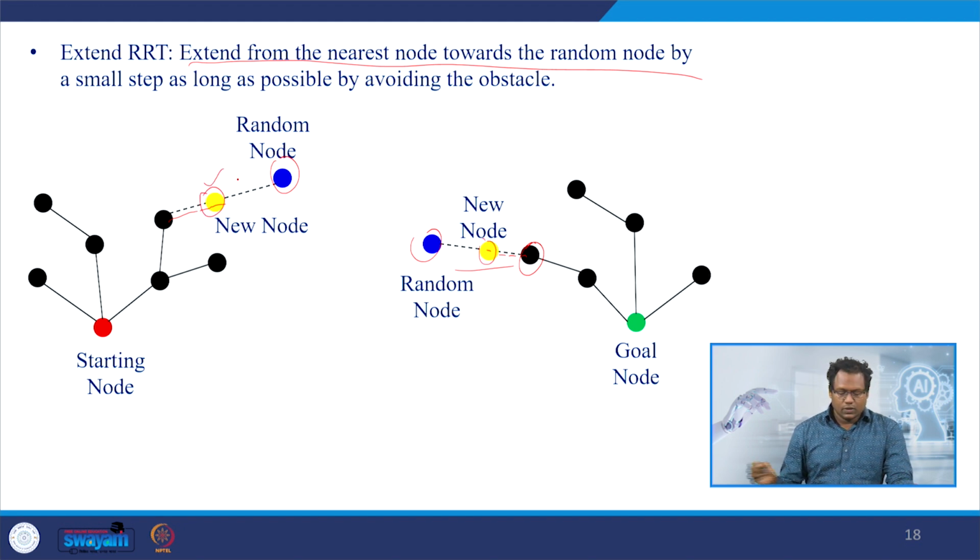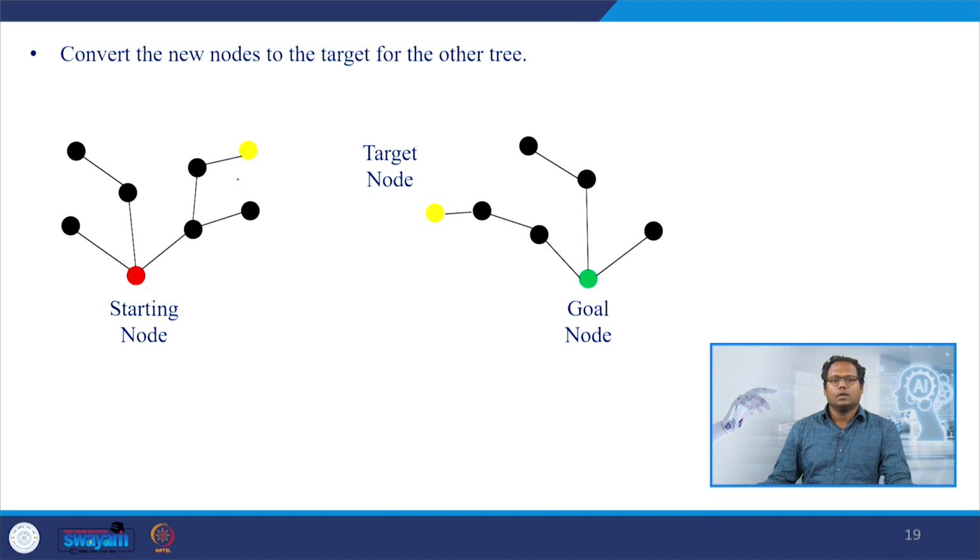This is the new node now. Now, connect and make that new node a vertex and edge of this tree, and correspondingly for the starting node based tree as well.